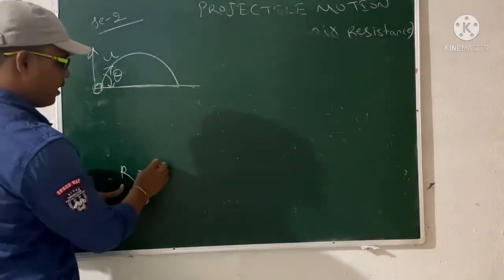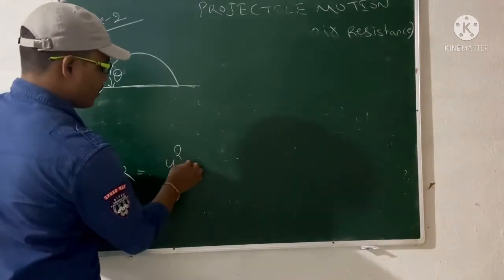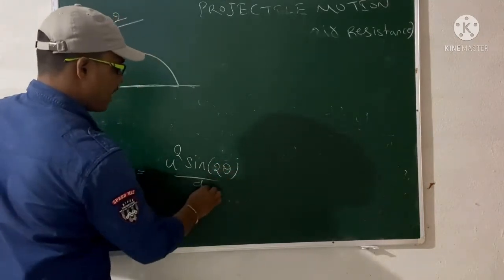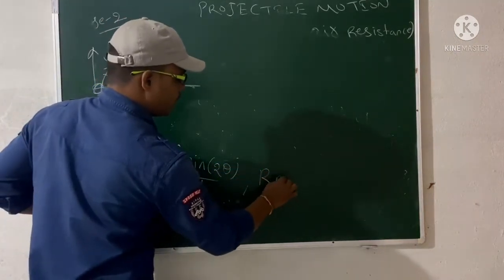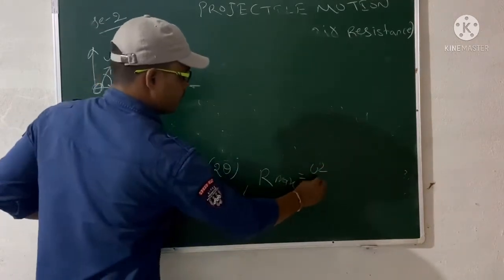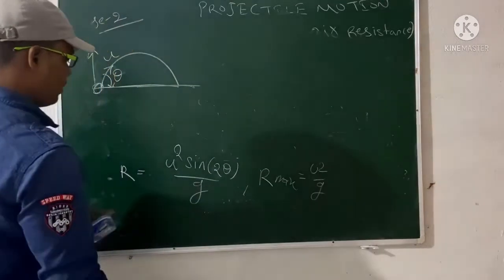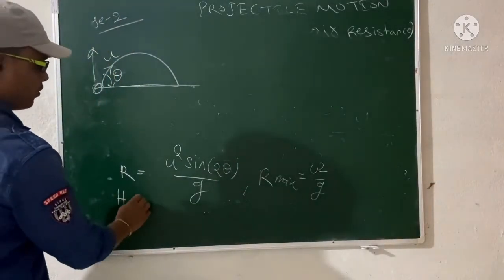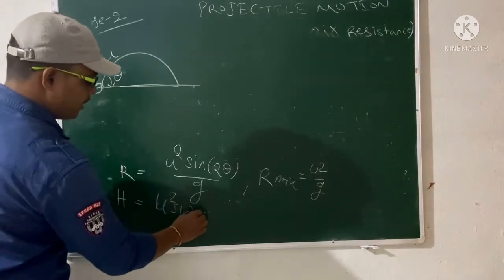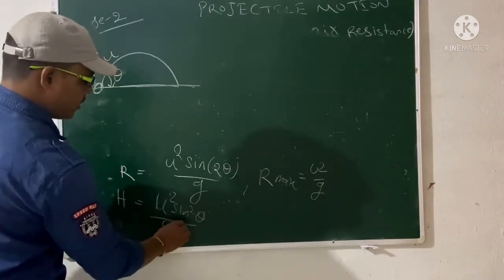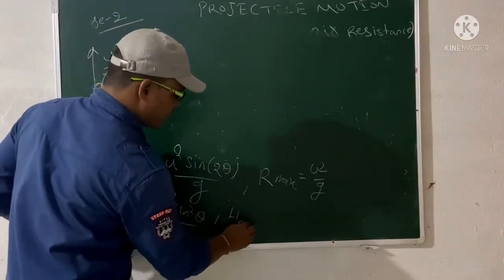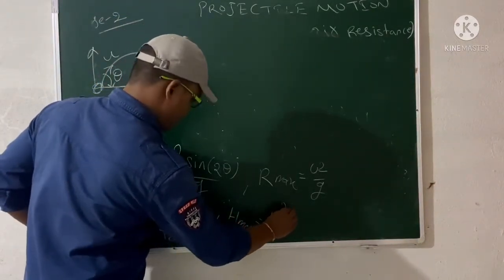The range we got as u square sin 2 theta divided by g. So our R maximum is u square divided by g. Then in the maximum height case, we get u square sin square theta divided by 2g, and our h maximum we get u square by 2g.